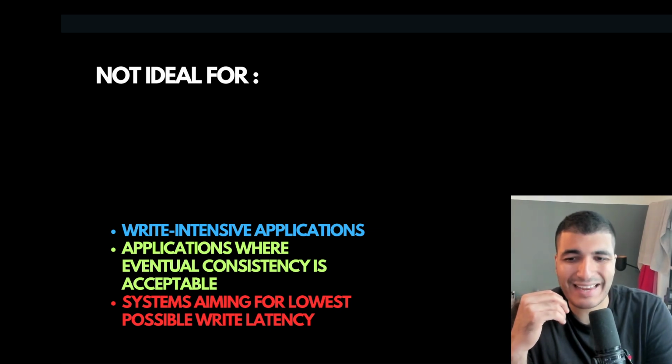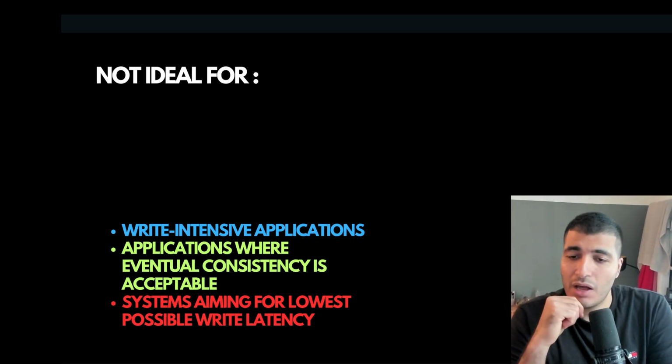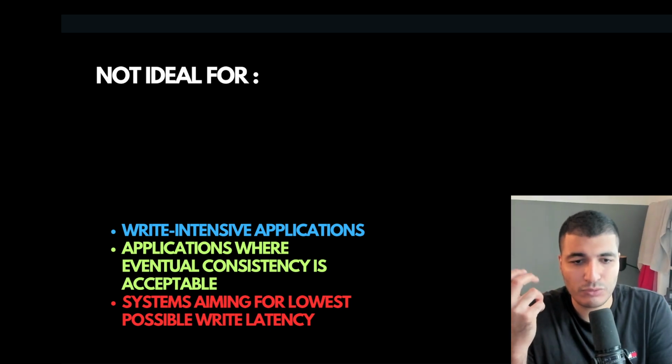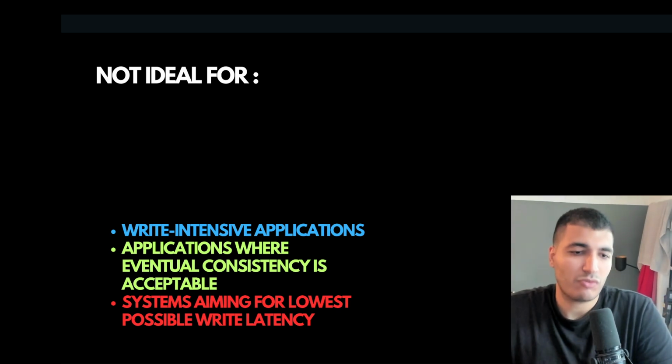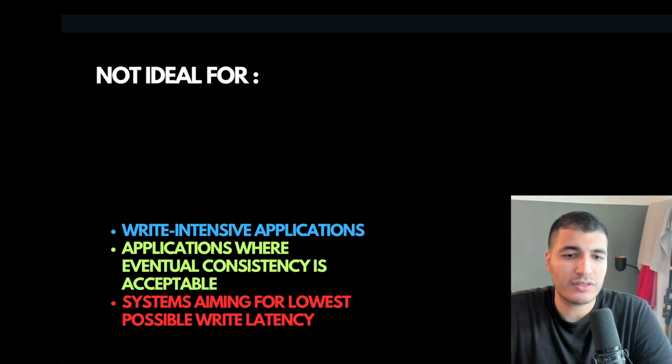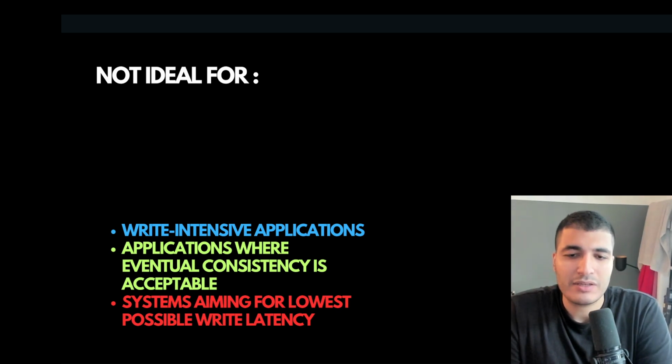If your application can tolerate a small delay before reads reflect the latest writes, other strategies like write-around or write-back might offer better write performance. Number three, systems aiming for the lowest possible write latency. If minimizing write latency is the absolute top priority, the synchronous database write in a write-through cache will be a disadvantage.